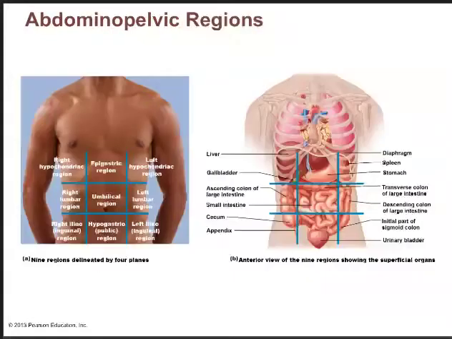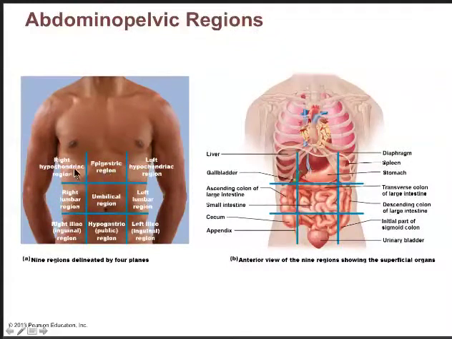We can also divide the abdominal pelvic region into a tic-tac-toe grid, and you can see here the organs that lie beneath each of these regions. Talk a little bit about where these names for these regions come from. Let's start here with the epigastric region. Notice that your stomach is right here. Epi means above or upon, hence the name epigastric region.